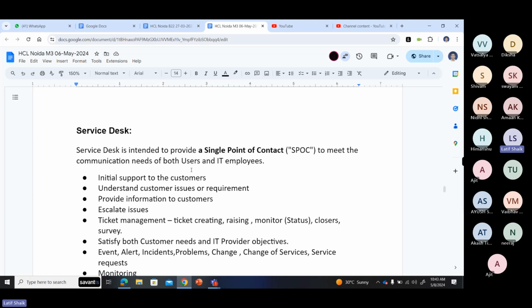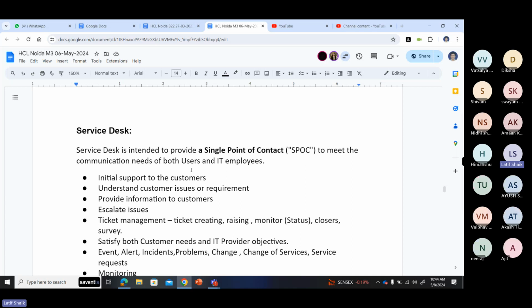The main thing of the service desk is to resolve the customer's requirements, satisfying both customer needs and IT service provider objectives. What are the service provider objectives? To make sure that the customer is getting the service, and that if any issue occurs at the customer side, we are able to resolve it immediately.